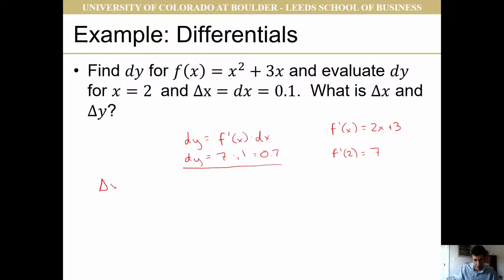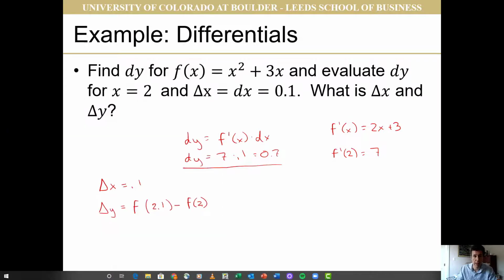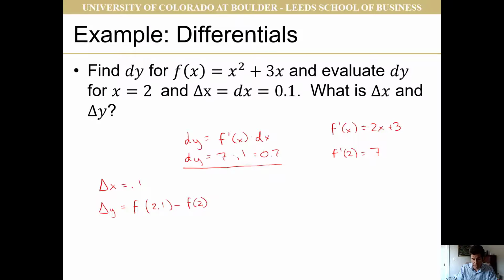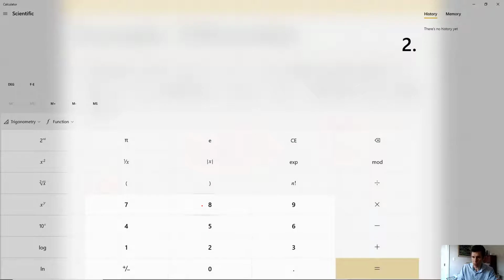Now, delta x is equal to 0.1, because delta x equals dx. Delta y, this is the actual change in y, is f of 2.1 minus f of 2. So let's pull out a calculator. Our function is x squared plus 3x. So we want to do f of 2.1. So 2.1 squared plus 3 times 2.1, 10.71.